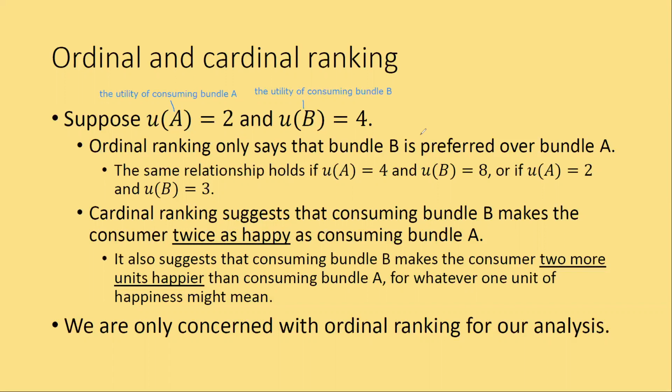For example, if we double both numbers, if instead of putting the utility of consuming bundle A to be 2, we put it to be 4, and instead of putting the utility of consuming bundle B to be 4, we put it to be 8, the same relationship holds. If we assume ordinal ranking, all we can say is that the consumer prefers bundle B over bundle A. Or if we do not change the utility of bundle A, but we change the utility of bundle B to be 3, we reach the same conclusion.